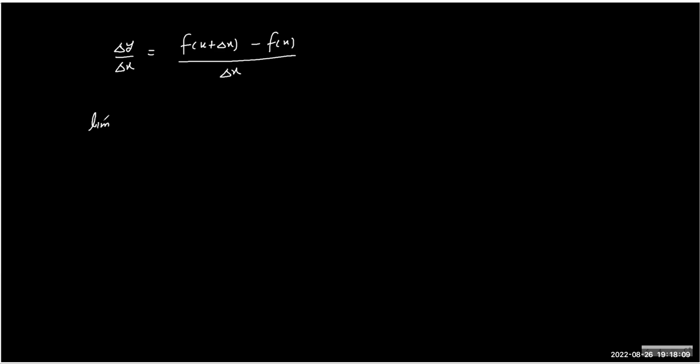Under the condition, when I say limit, when the two points are not far away, if the delta x is so small, the delta y by delta x we can write as limit. I'll put limit on both sides, and I can write this as x plus delta x.